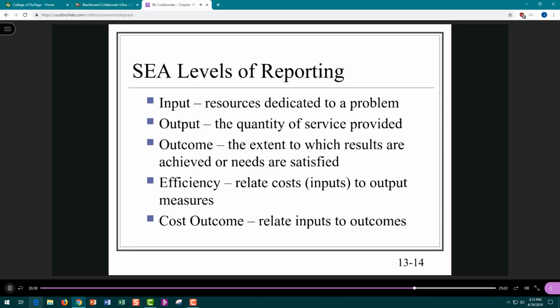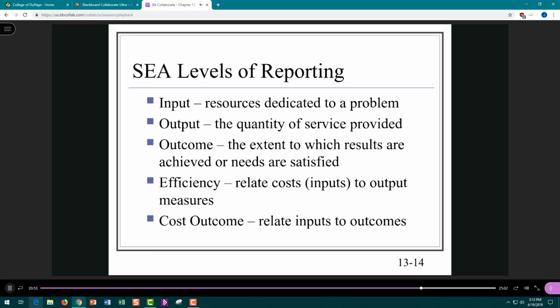This would be something along the lines of tax revenues, numbers of teachers in a school district. These are not necessarily a reflection of performance. It just shows you basically what's going into the entity in terms of what it has to work with.